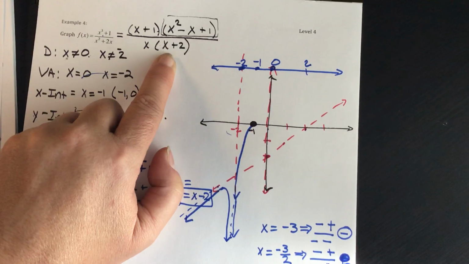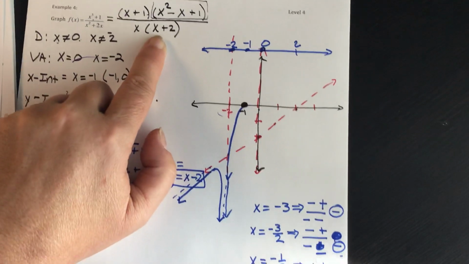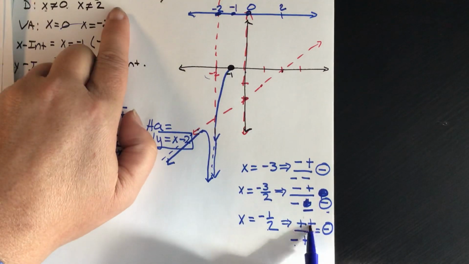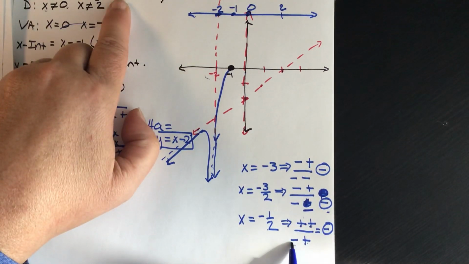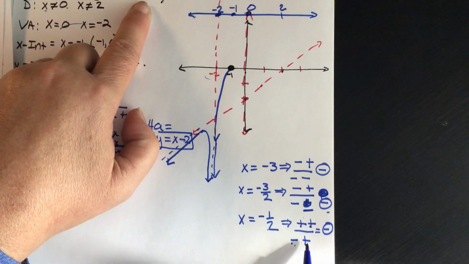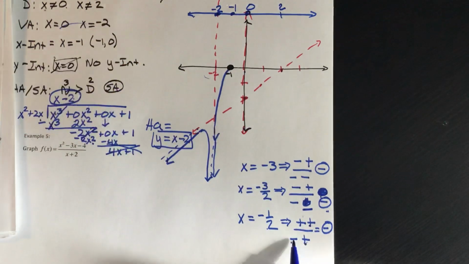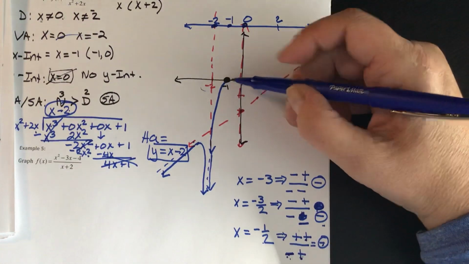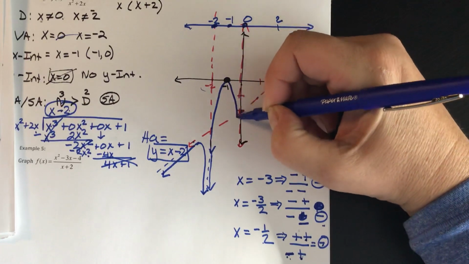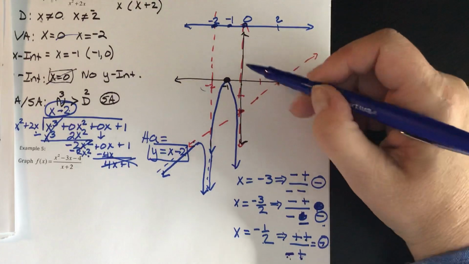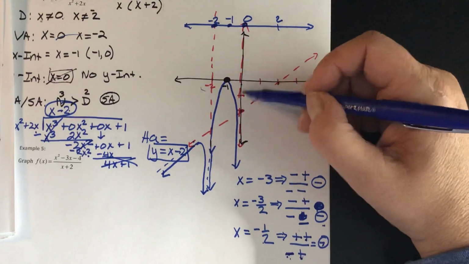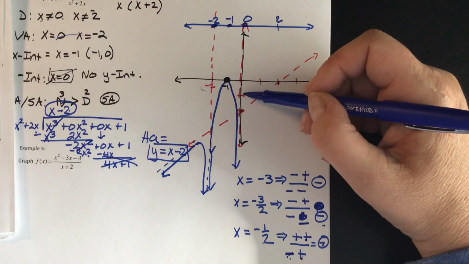So this is going to also give me a negative number. Sorry about that, you couldn't see that. So -1/2. Top, I have both positive factors, a -1/2 for the x, and a -1/2 plus 2 is positive 1.5. So one negative number is negative. So at this x-intercept of -1, it's going to turn the corner and it's going to come down and approach our vertical asymptote, which is the y-axis.